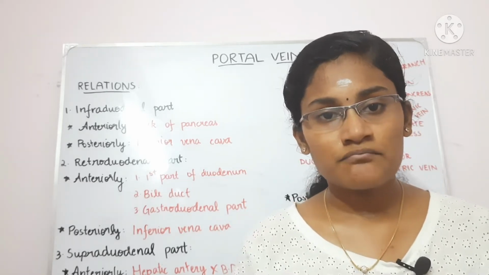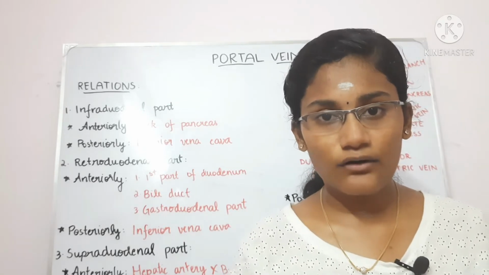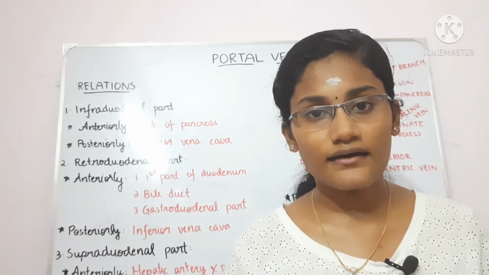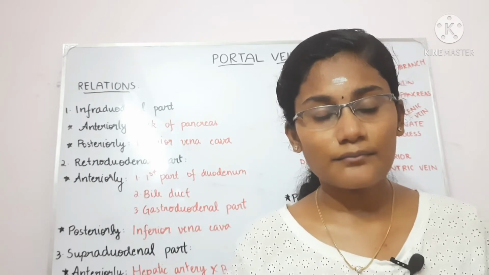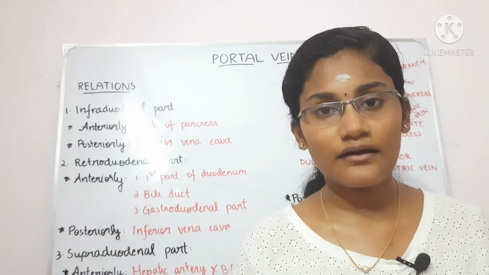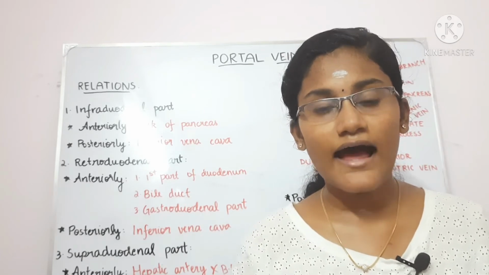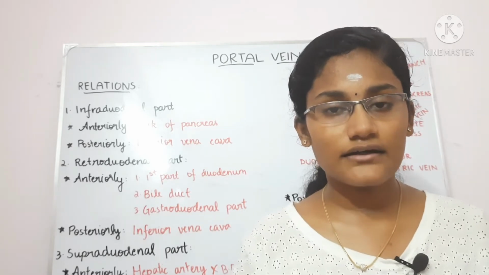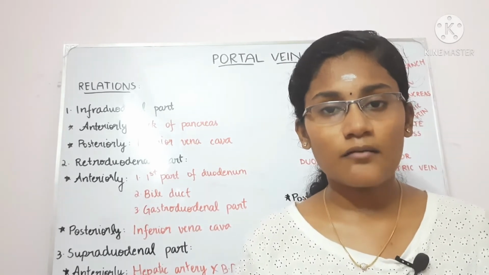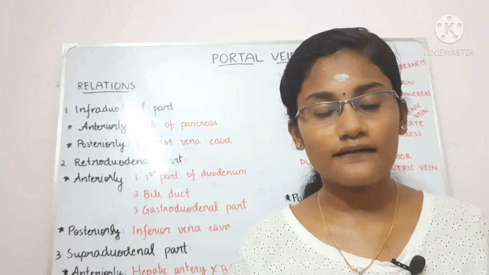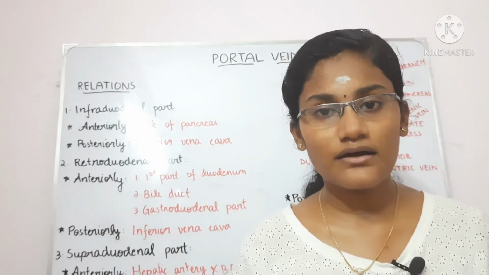In the liver, the portal vein divides and forms the sinusoids. Sinusoids are capillary beds in the liver. From the sinusoids, the blood is transported to the central vein. From the central vein, it is transported to the hepatic vein, and from the hepatic vein, it goes into the inferior vena cava. So it's returned back to circulation. And in some places, the portal vein anastomoses with the systemic veins, and this forms the portosystemic circulation.